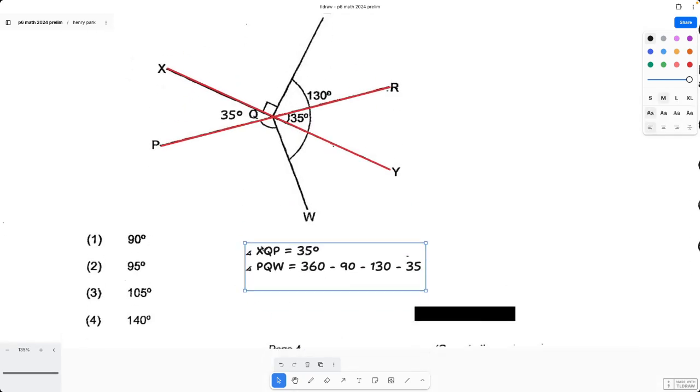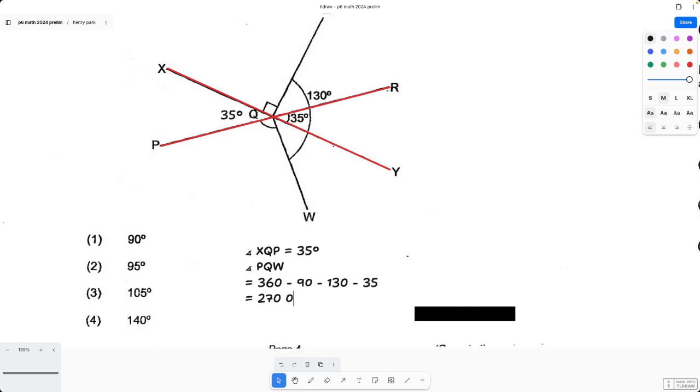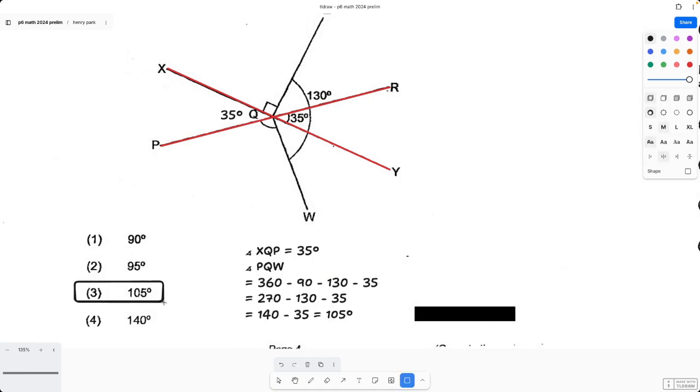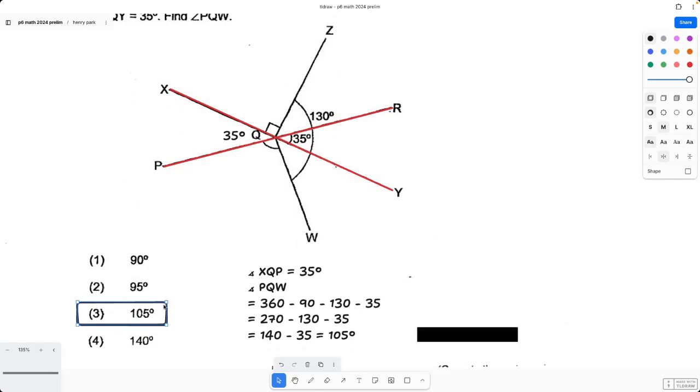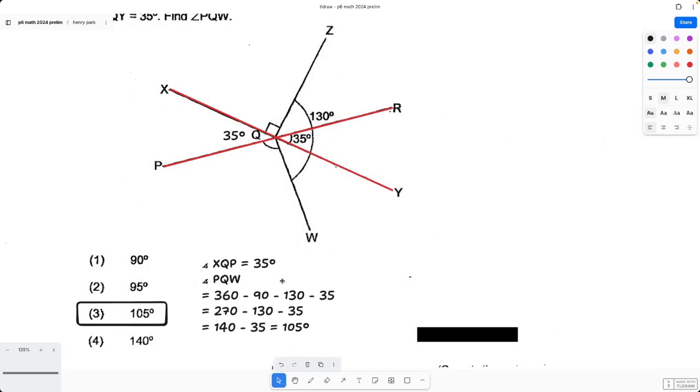Let me just calculate: 270 minus 130 minus 35. So this should be 140 minus 35. This should be 105 degrees. So that's the answer. So question number 9 is option number 3 in this case.